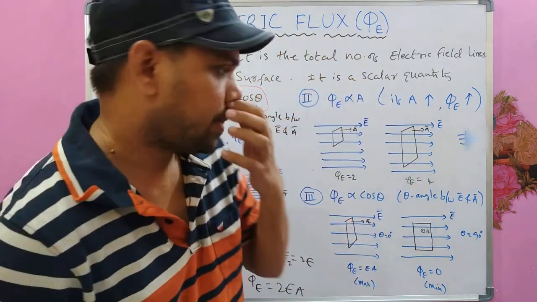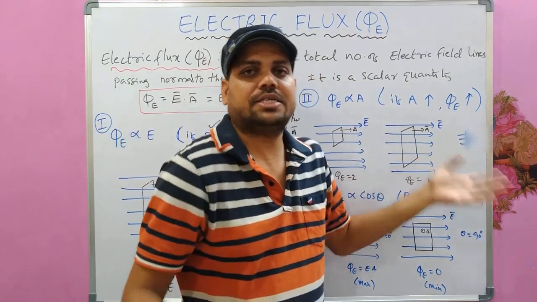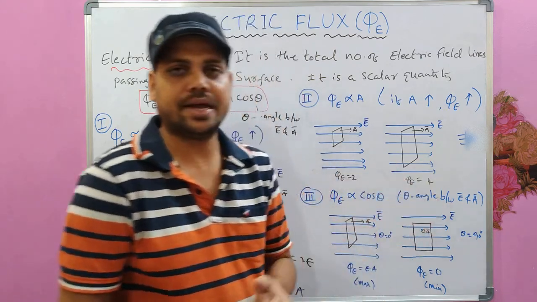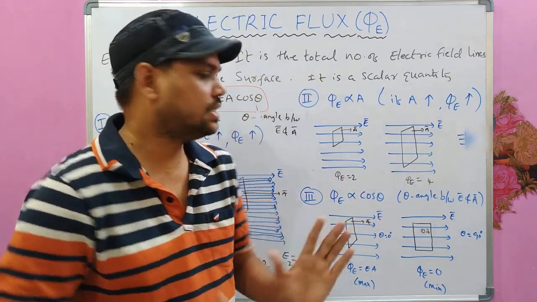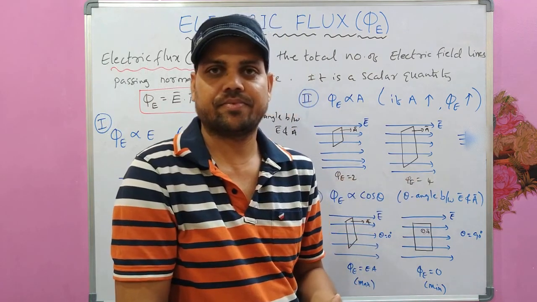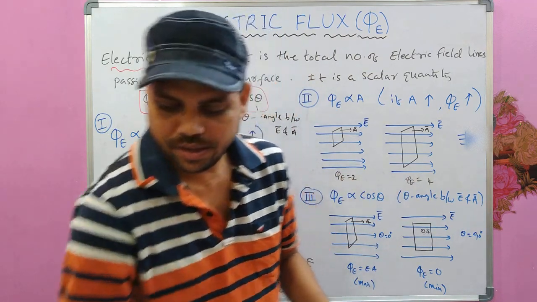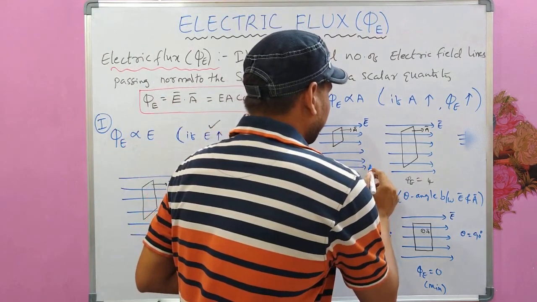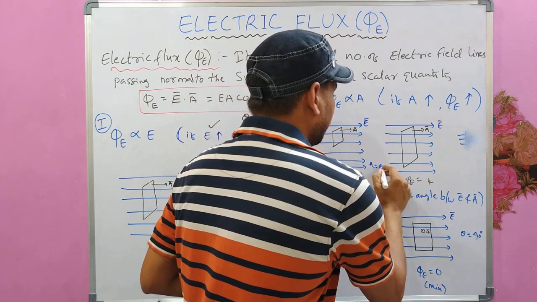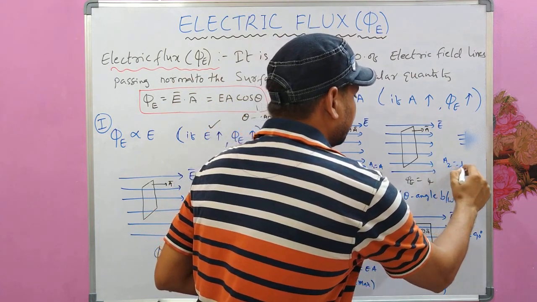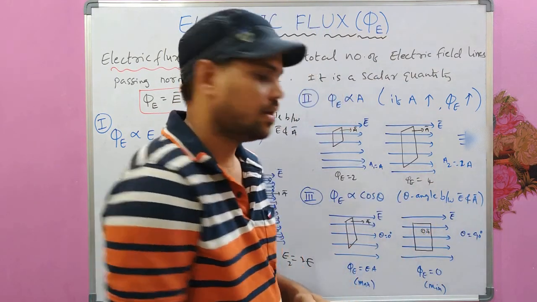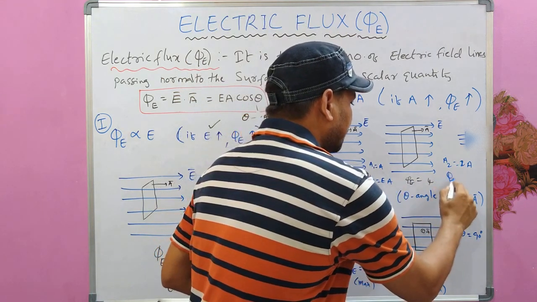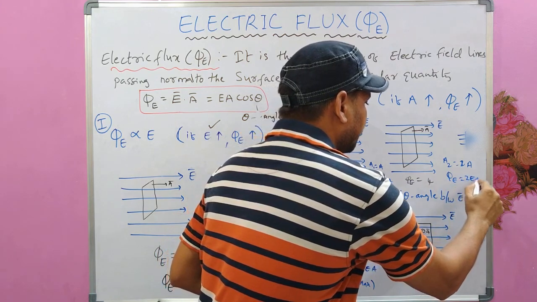So that is how the area vector is playing a very, very important role. Area, the magnitude of the area. If it is increased, flux is increased. Right? You can say here, if A1 is some A, here A2 is some 2A, flux will be here EA, flux here will be 2EA.